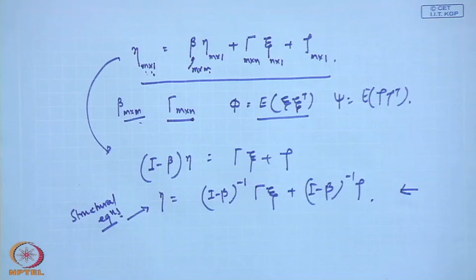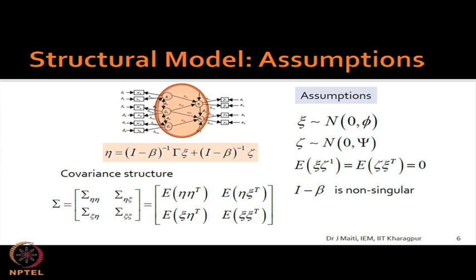Okay. So, now come to the assumptions. Like your confirmatory factor analysis, this path analysis or structural model has certain assumptions. First of all, the latent exogenous variable xi is multivariate normal, its mean value is 0 and covariance matrix is phi. Zeta is again multivariate normal with 0 mean vector and psi is the covariance matrix.